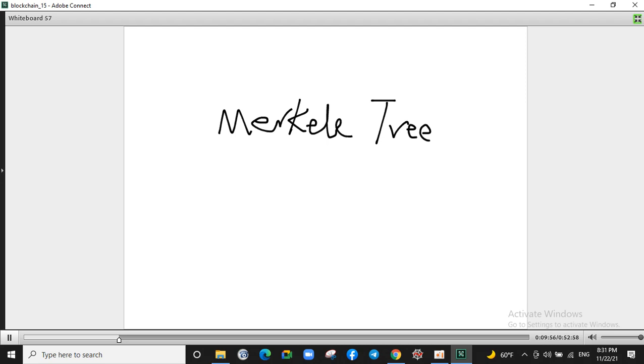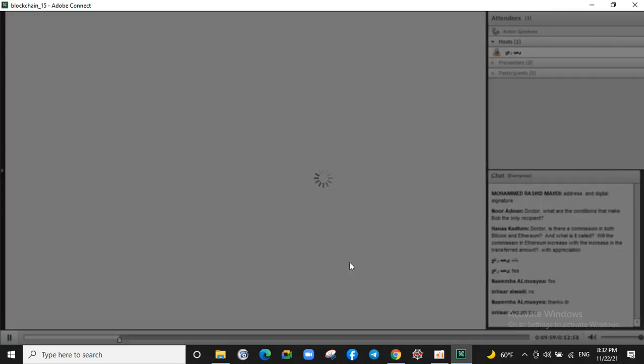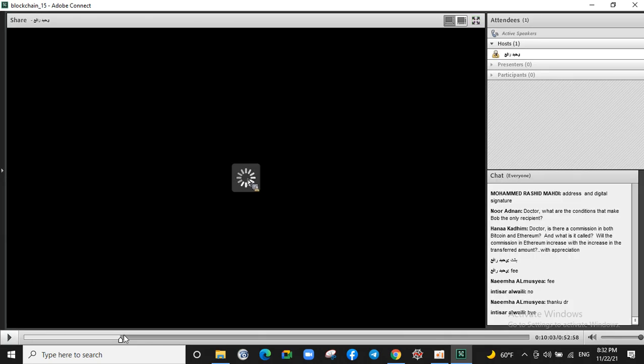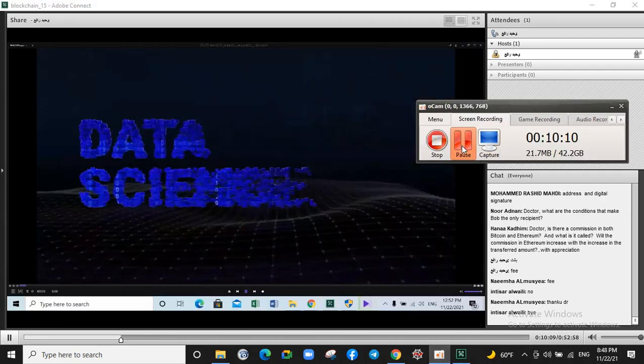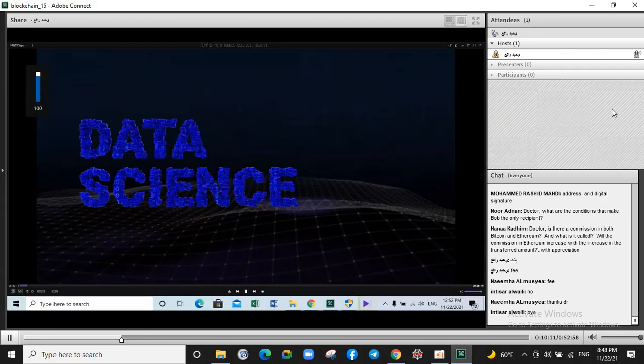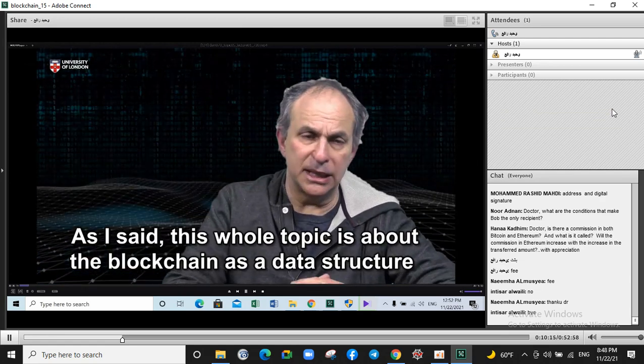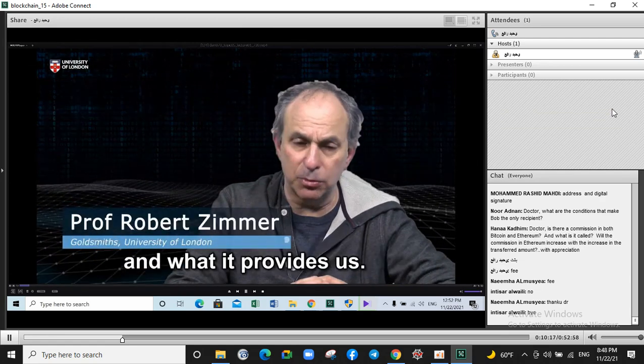As I said, the most important part in this lecture is Merkle tree. This whole topic is about the blockchain as a data structure and what it buys us.